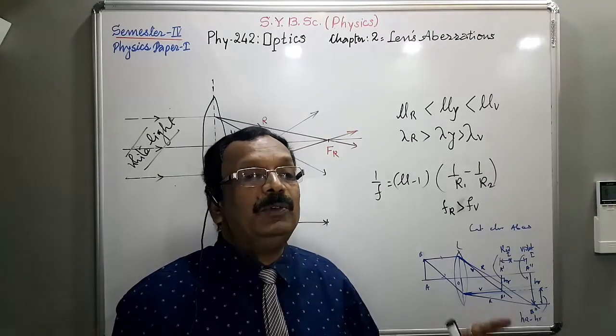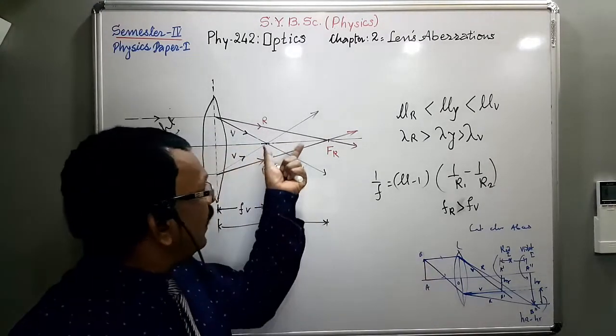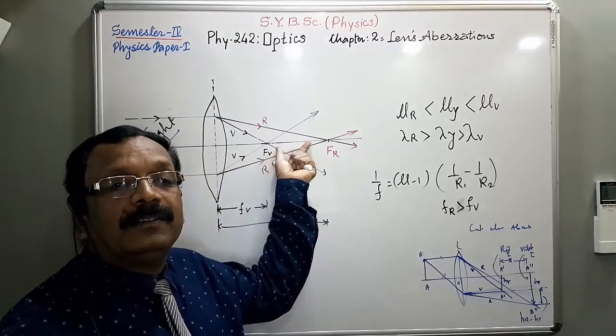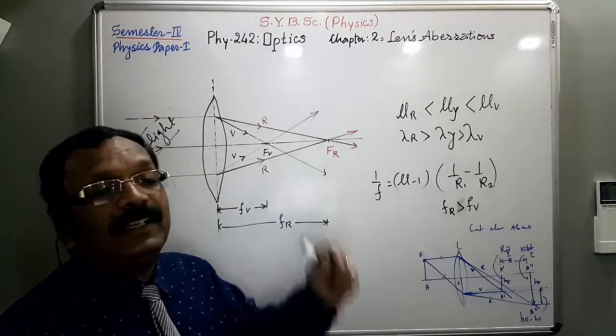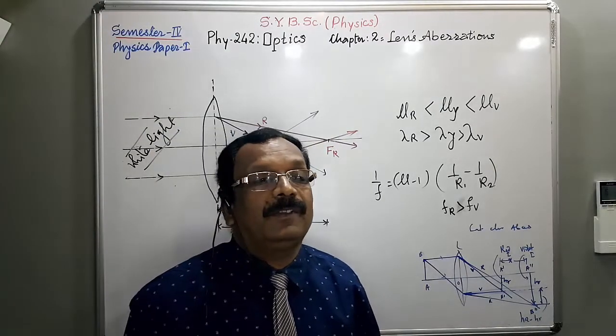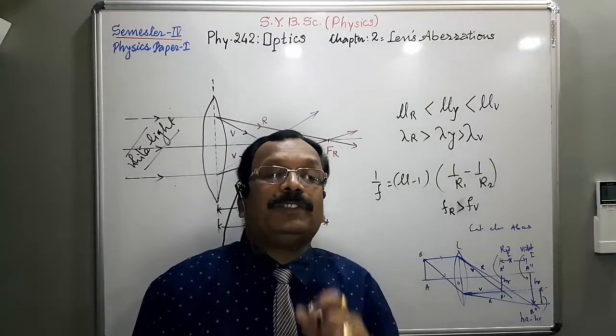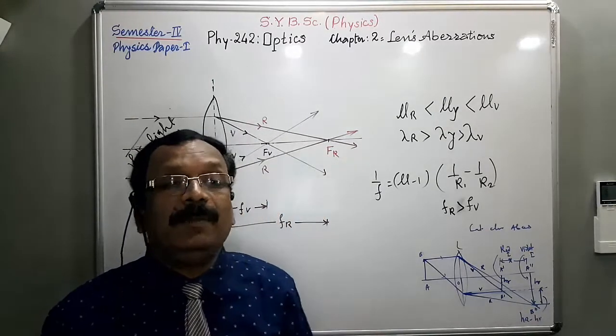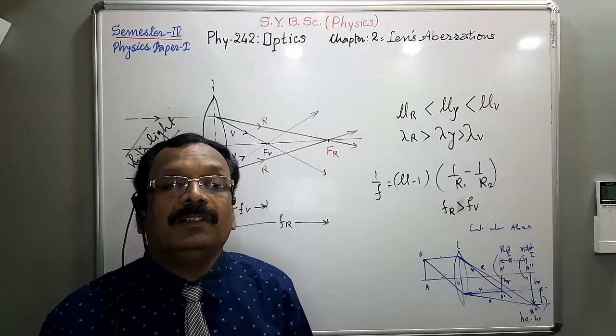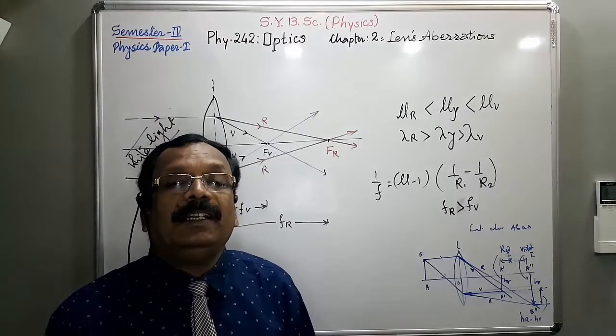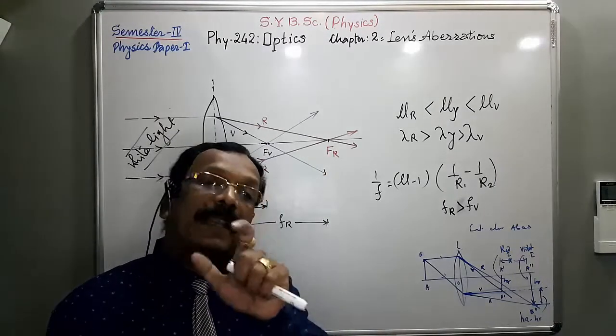The images due to various other colors lie in between these two extreme colors, violet and red. Thus, the lens produces a number of colored images of a white object, resulting in a linear spectrum.